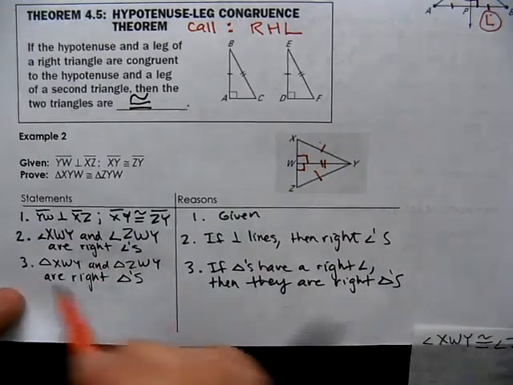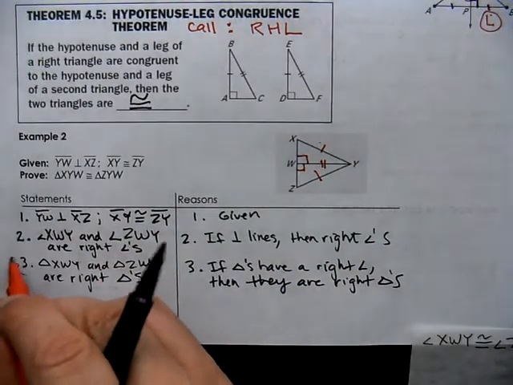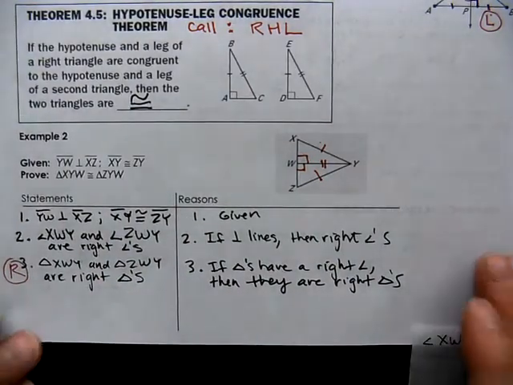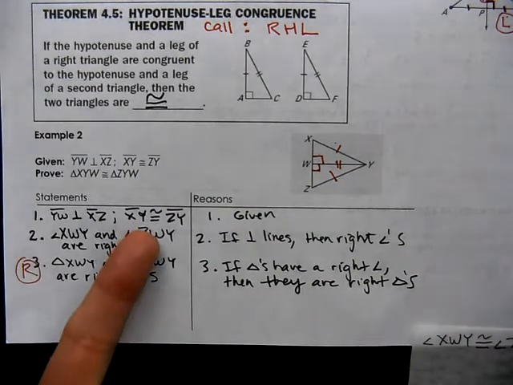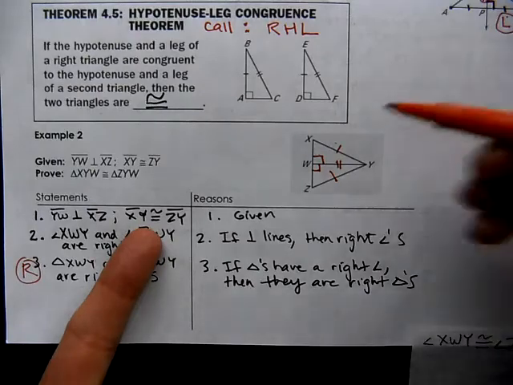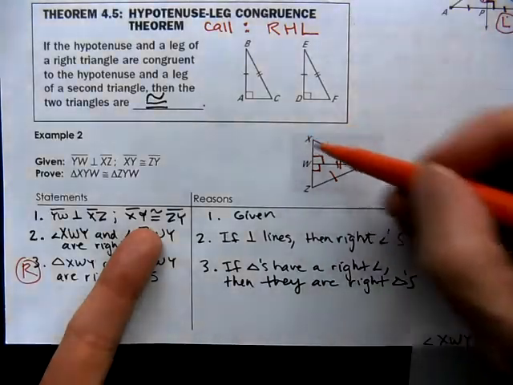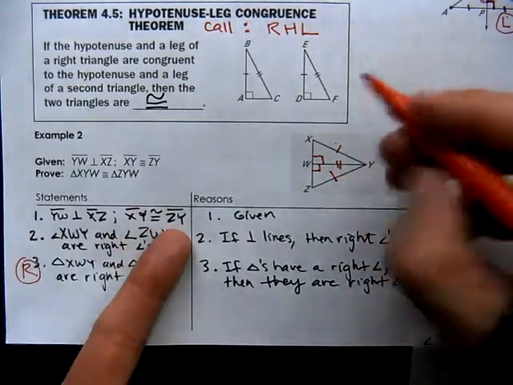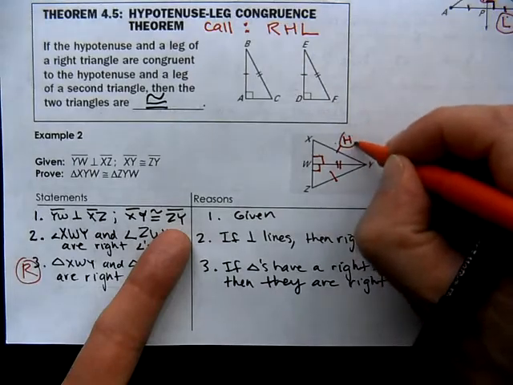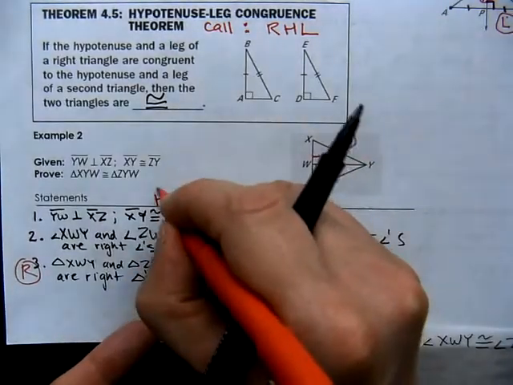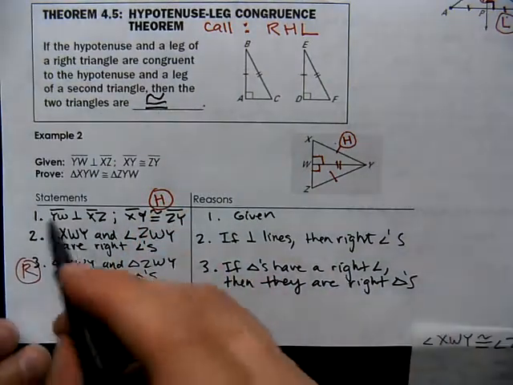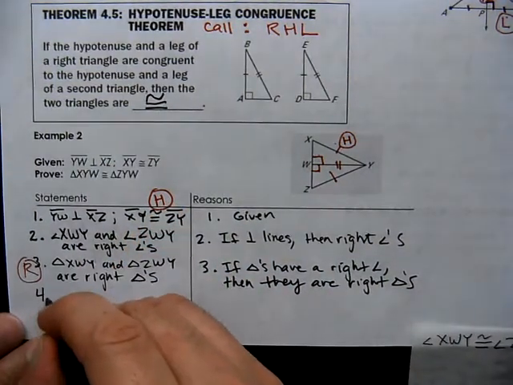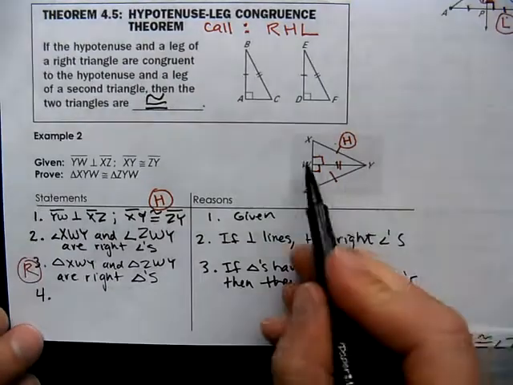So this line happens to be the R part of the RHL pattern. And so when we took a look at this given information here saying that segment XY was congruent with ZY, that's the hypotenuse right there. So that's the H. So we have the R, we have the H. We need one more pair of corresponding parts, and that'll be the leg.